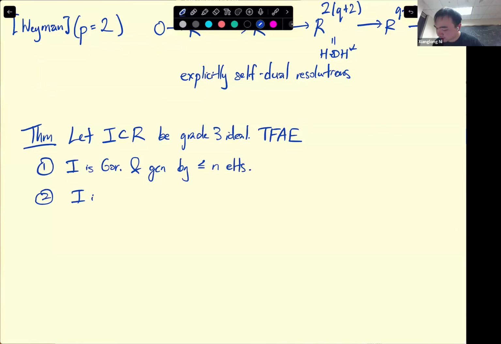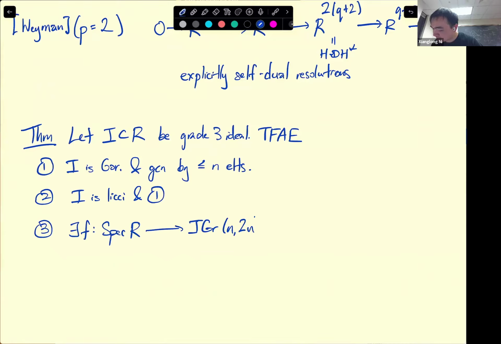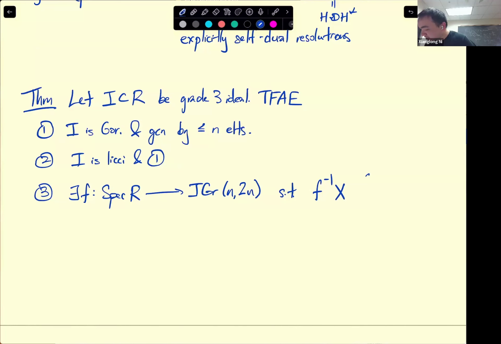Condition 3 is that there exists a map F from spec R to the isotropic Grassmannian of m-planes in 2n-dimensional space, such that a particular Schubert variety specializes to I via the map F. So this Schubert variety, if you don't know this notation, don't worry about it. It's not going to be important for the rest of the talk. But there's a particular Schubert variety that specializes to I.